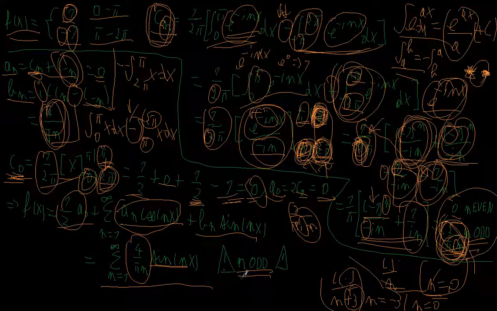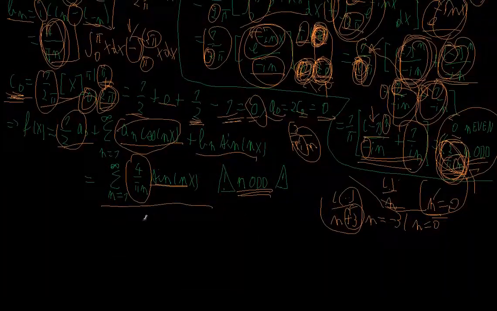So n is odd. So you could rewrite it if you want as, like, set n is equal to 2m minus 1, where m goes from 1 to infinity.